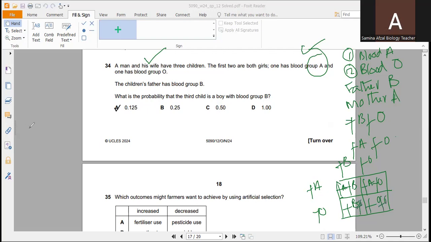There can be the possibility of four children, and these four children will have four different blood groups. Everyone has the probability of 1 by 4.